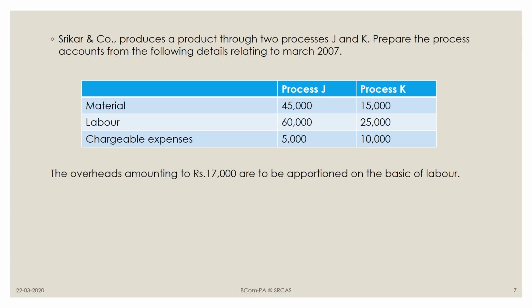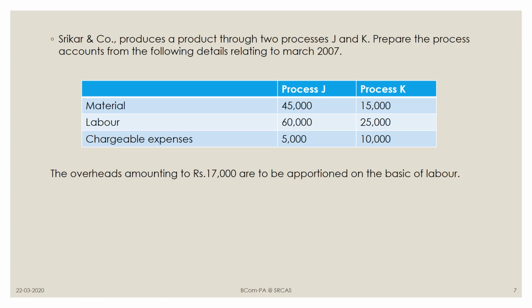Here we have another account in which they have asked to prepare process J and process K. So there are 4 expenses for process J as well as process K: material, labor, chargeable expenses and overheads amounting to 17,000.